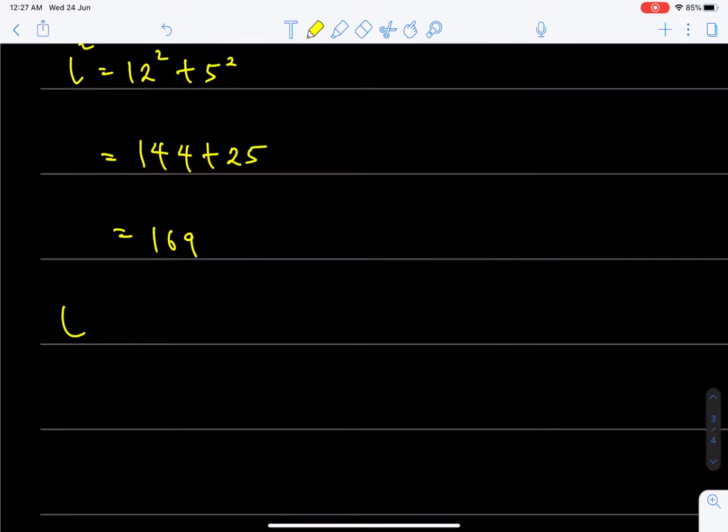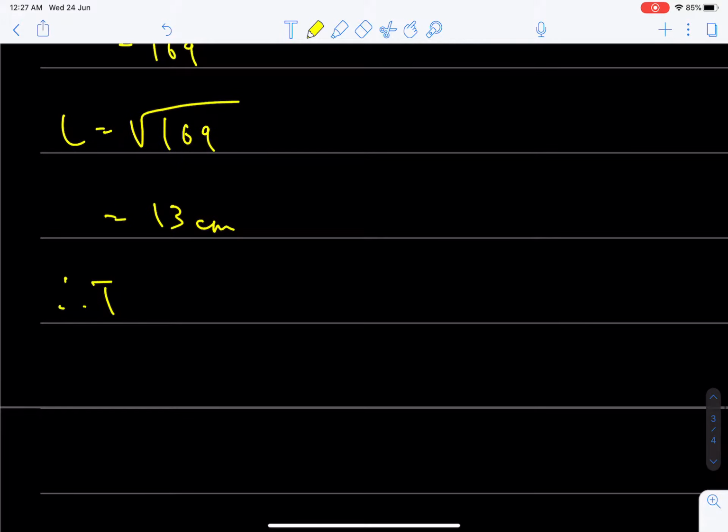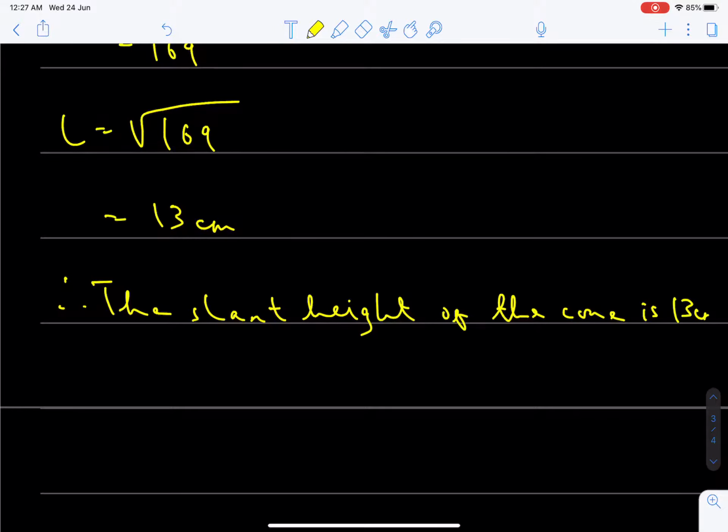If L squared is 169, that means L equals square root of 169, which is 13 centimeters. Therefore, the slant height of the cone is 13 centimeters. And that's it, very simply.